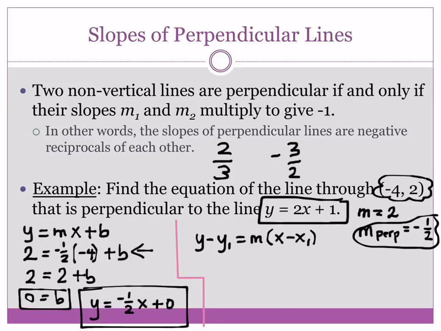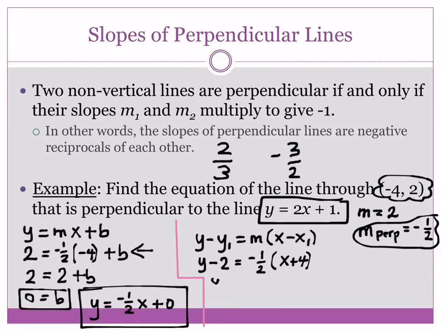Yeah? Okay, so in the point-slope form of a line, we can actually plug in the x value, y value for the y1 and x1. So this would be y minus 2 equals, and the m is the negative 1/2, and then you have x minus, was it negative 4? Yes. So x minus negative 4, x plus 4. And then we can solve this for y.